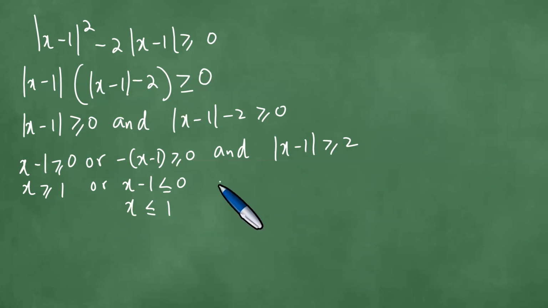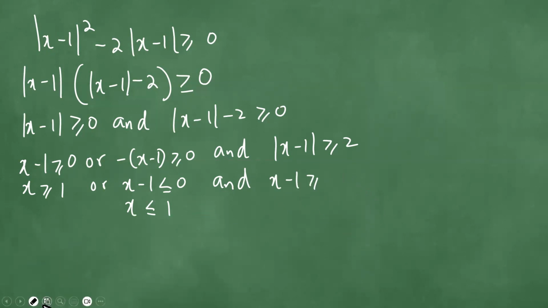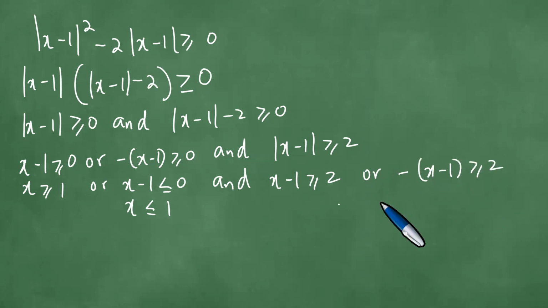What is this now? So this is true, and this means that x minus 1 is greater or equal to 2, or minus (x minus 1) is greater or equal to 2, which means x is greater or equal to 3.